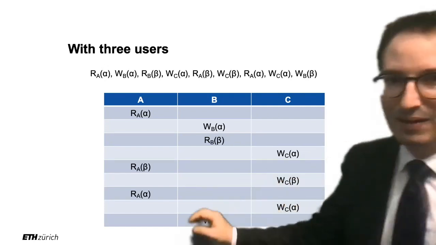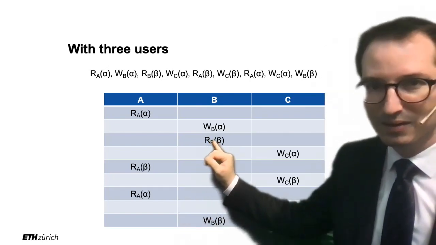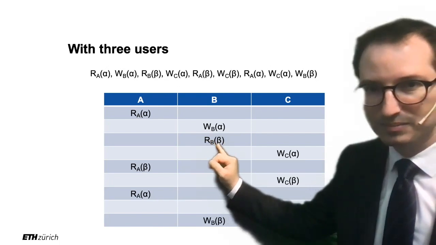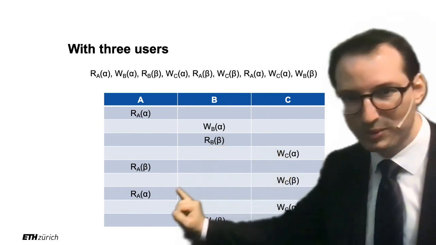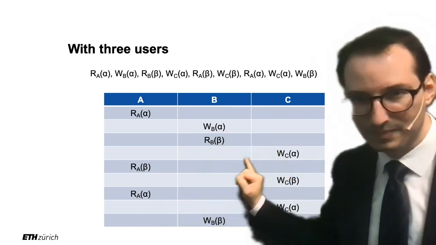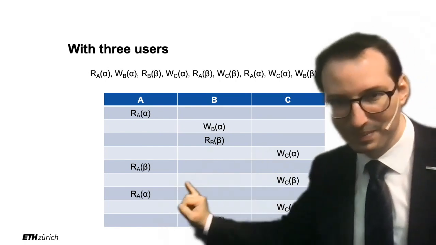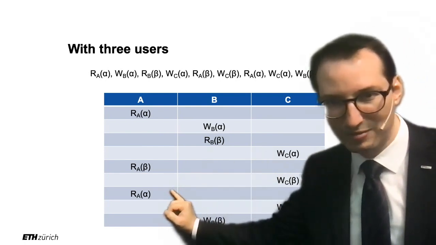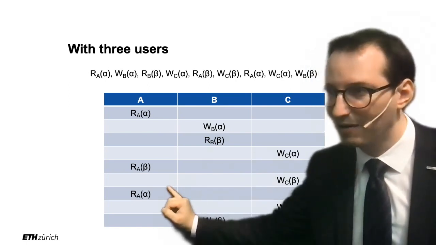So we have W_C alpha and R_A alpha. I think that's the one, right? So that's the proposition you have. Correct? W_C alpha and R_A alpha.